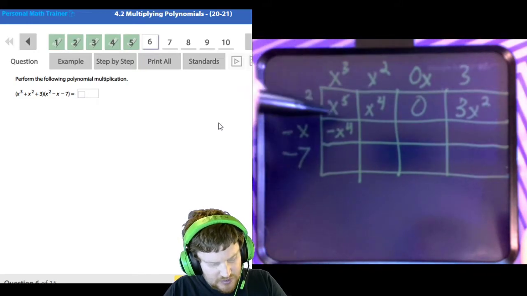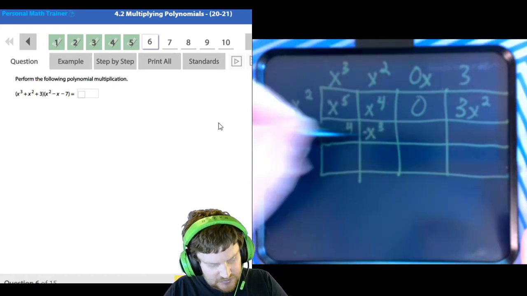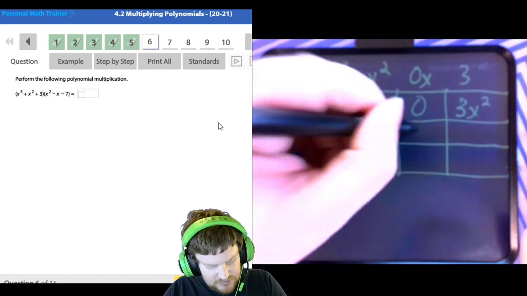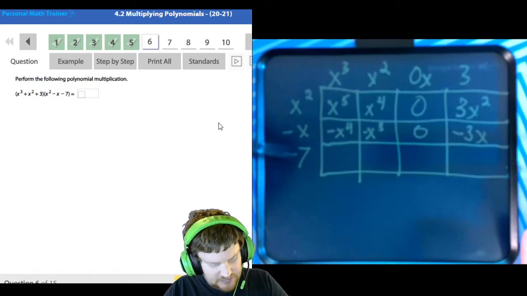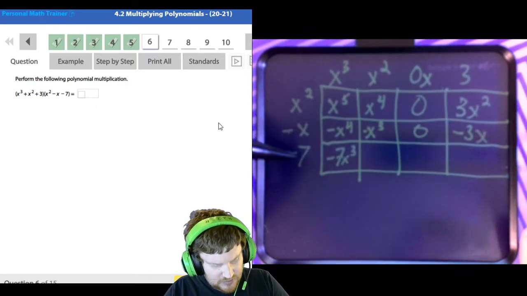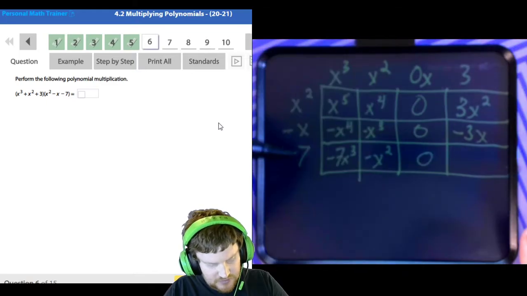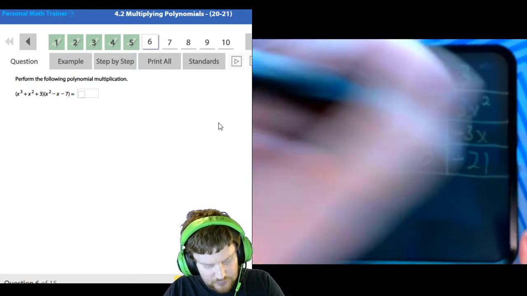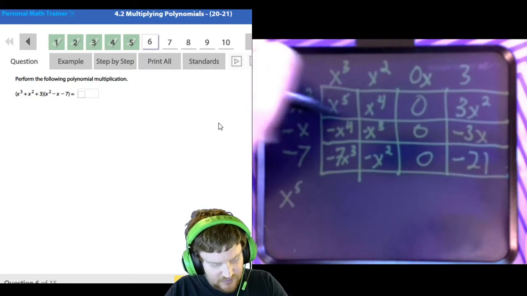times x squared is negative x cubed, 0, negative x times 3 is negative 3x, negative 7x to the 3rd, negative 7x squared, 0. Negative 7 times 3 is negative 21. So on our diagonals we have x to the 5th.